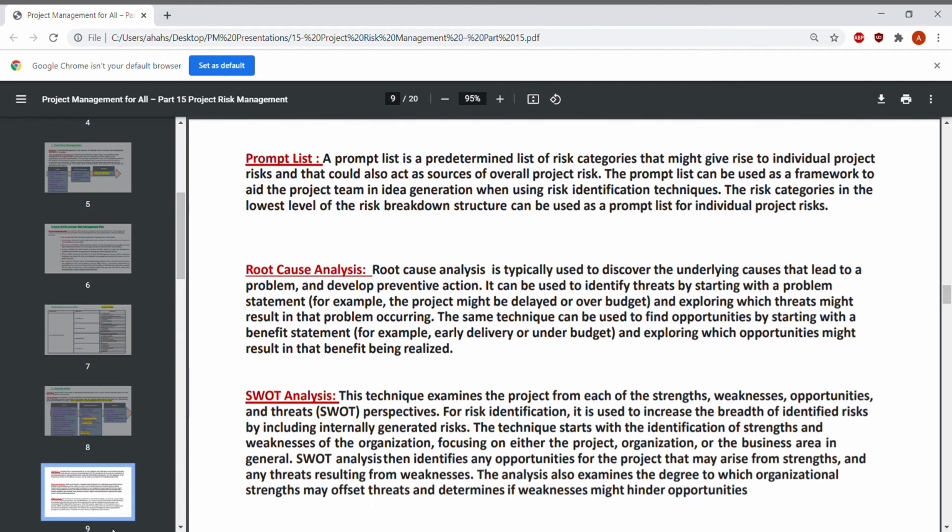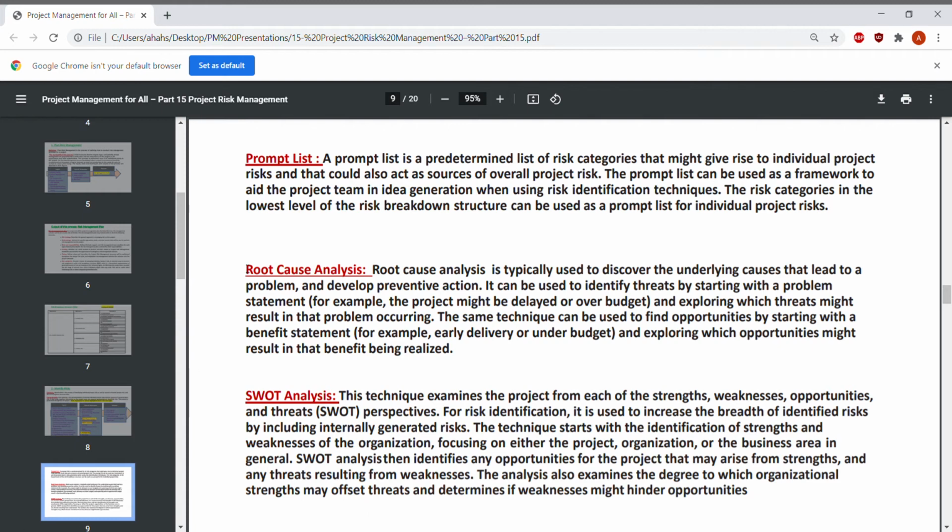The prompt list can be used as a framework to aid the project team in idea generation when using risk identification techniques. The risk categories in the lowest level of the risk breakdown structure can be used as a prompt list for individual project risk.